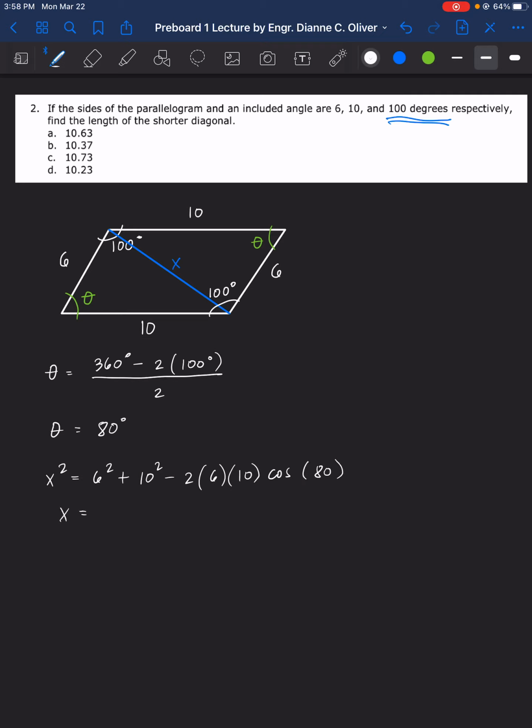So x is equal to the square root of 6 squared plus 10 squared minus 2 times 6 times 10 cosine 80. So x is equal to 10.73 units. The answer here is 10.73, that is letter C. So that is for number 2.